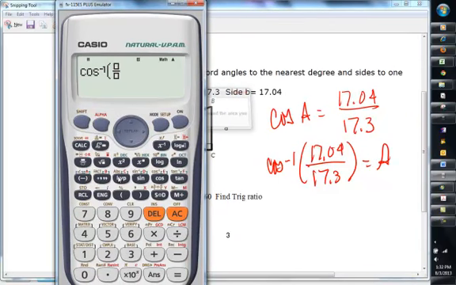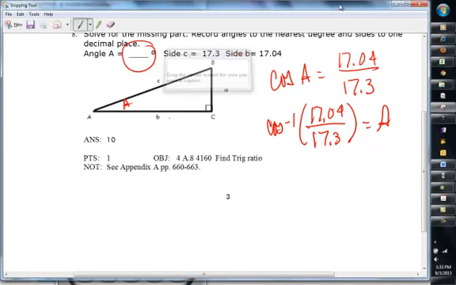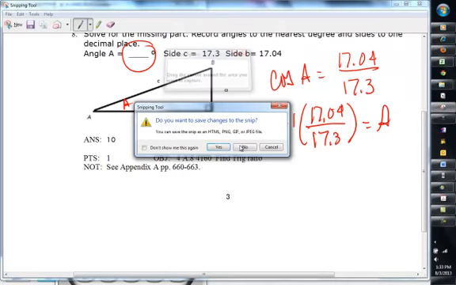And it's going to be a fraction, 17.04 over 17.3. And oops. And we get 9.9, which should be about 10 if you round correctly. Next one.